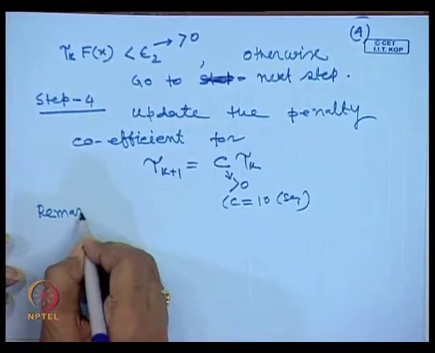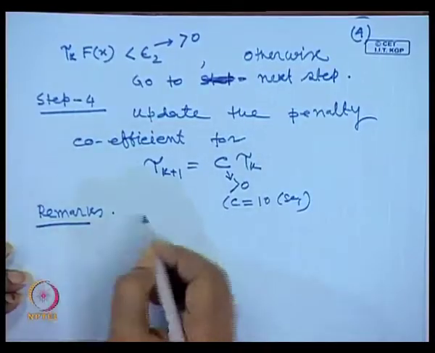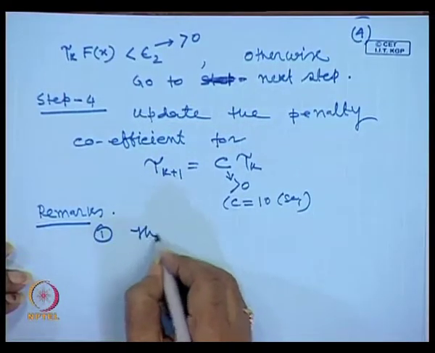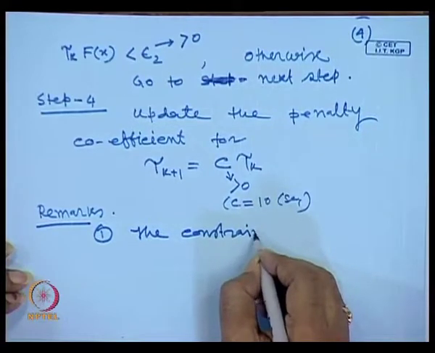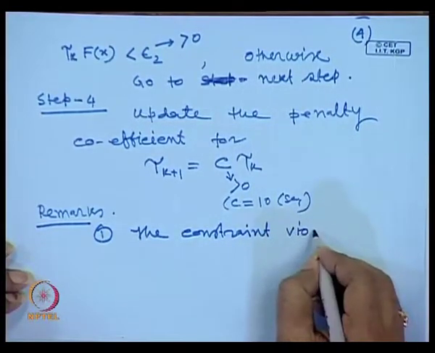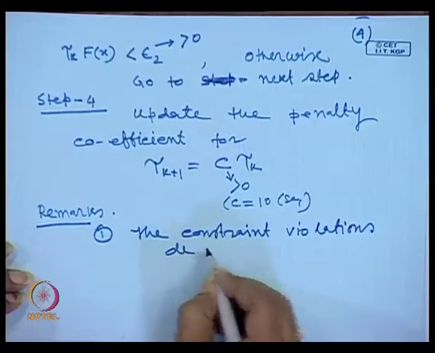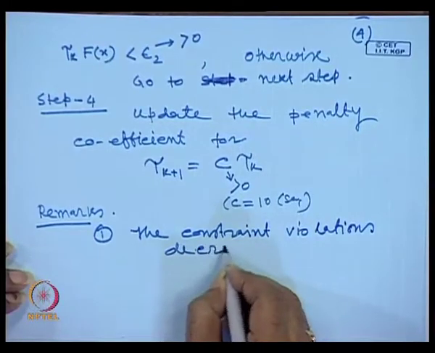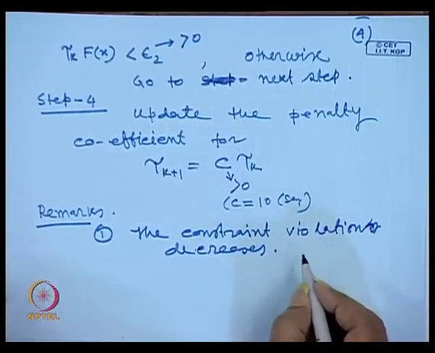So, regarding remarks. The first remark is the constraint violation decreases at each iteration.